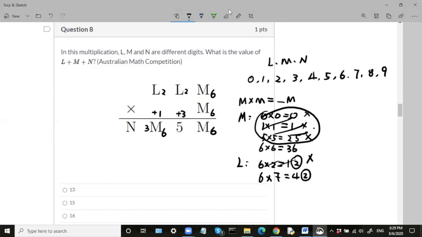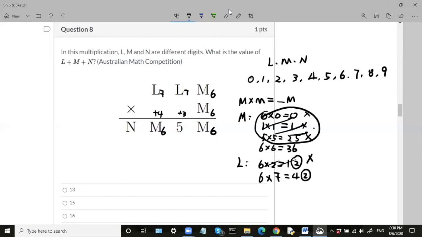So we have to check L equals 7. 6 times 7 is 42, plus 3 is 45. So we do have 5 here. Then with L equal to 7, 6 times 7 is 42, plus 4 gives us 6 here.